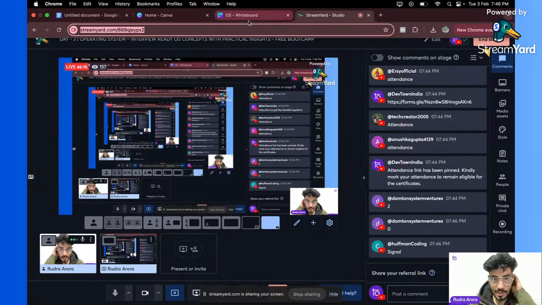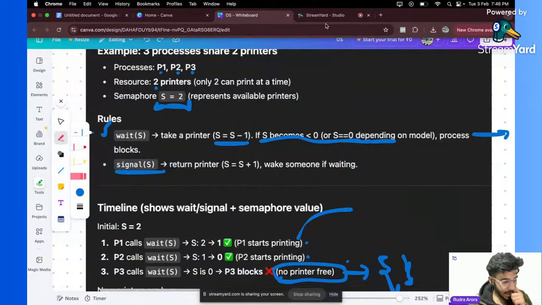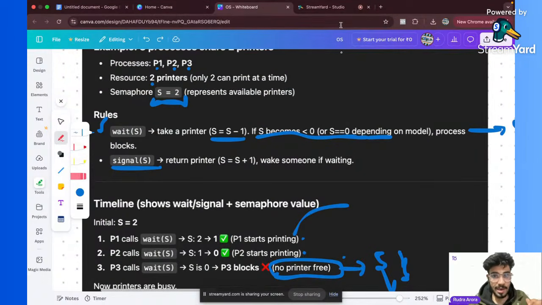It will call signal. And just tell me again, after calling signal, what would be the current value of S? It was 0 before. After calling signal, what would be the current value of S?